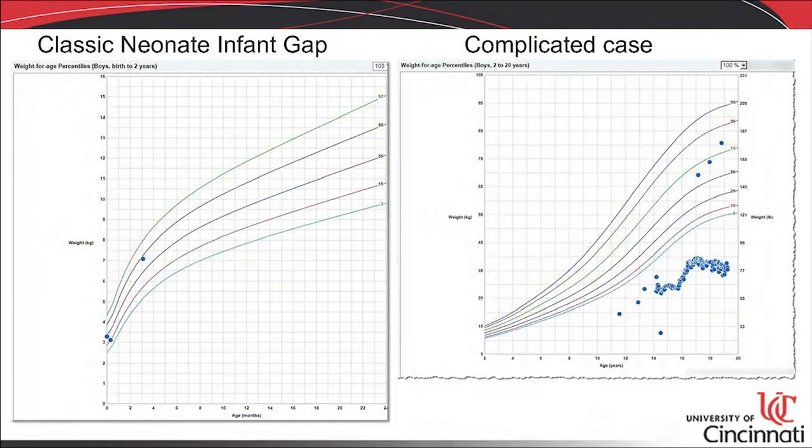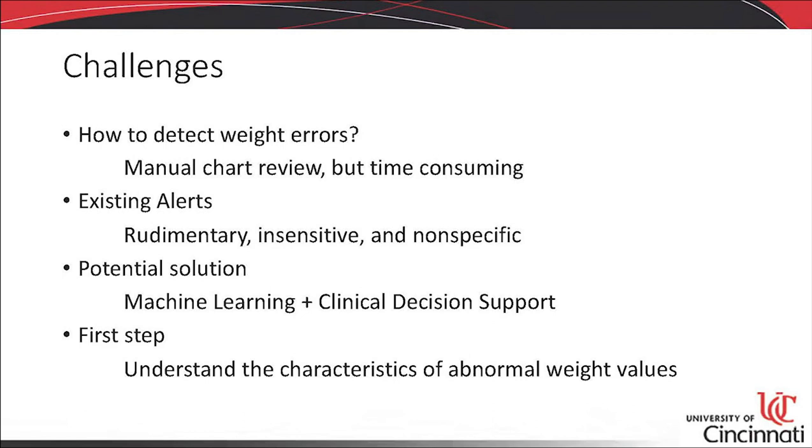And there are other situations like this. What do you want to do? So, to summarize, from that sort of review, it's easier for human beings to detect these errors, but it's time consuming, and the alerts right now are rudimentary, so we can design better.